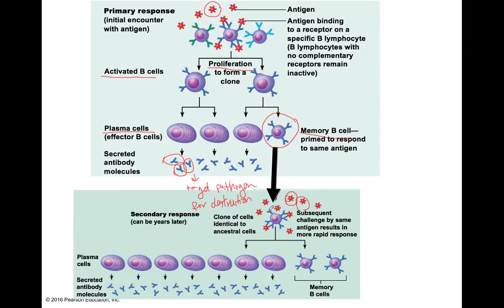So this is the second exposure to the antigen. Notice that the memory cell you have here is going to produce lots and lots of copies of the plasma cell again, which produces lots and lots of antibodies, and that is going to create an immune response against the same original antigen that you had.